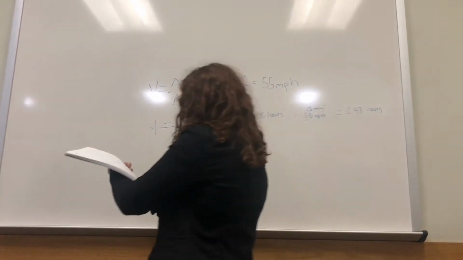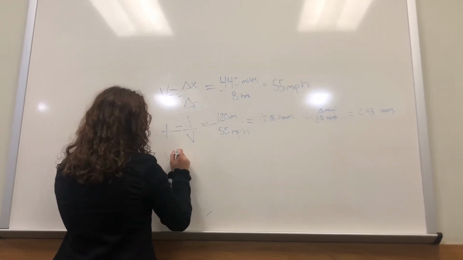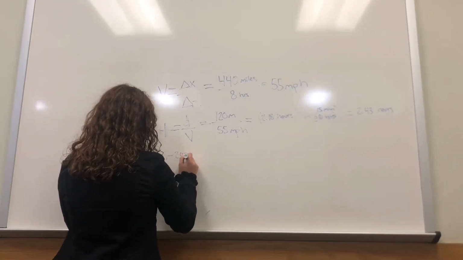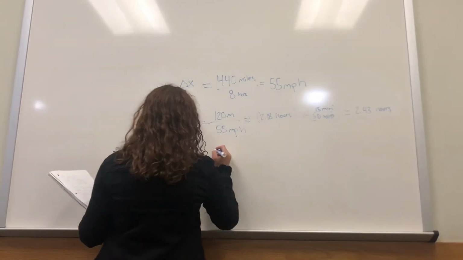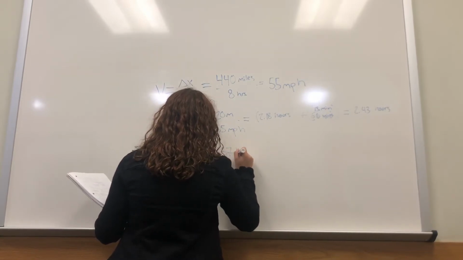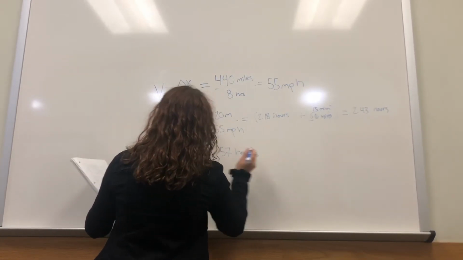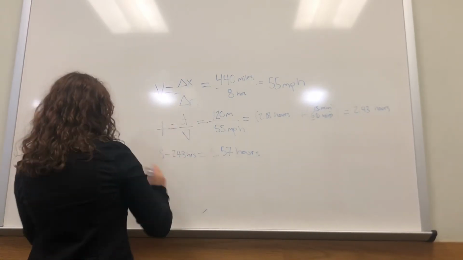And so next we need to find the amount of time he has left. So we take 8 hours and subtract 2.43 hours, and we get he has 5.57 hours to complete the trip on time. So now we're going to use this velocity equation again.